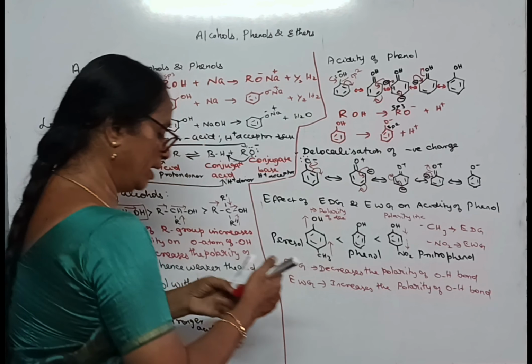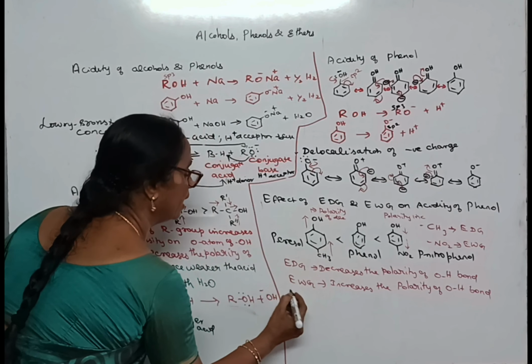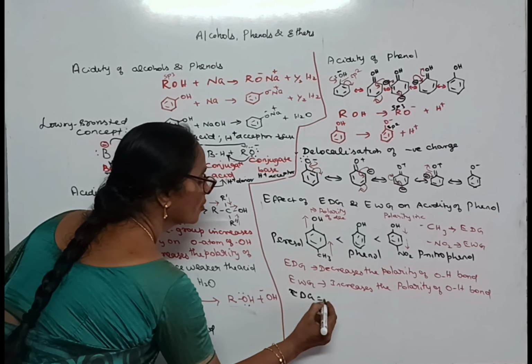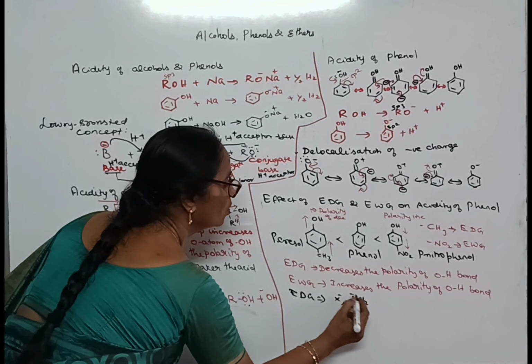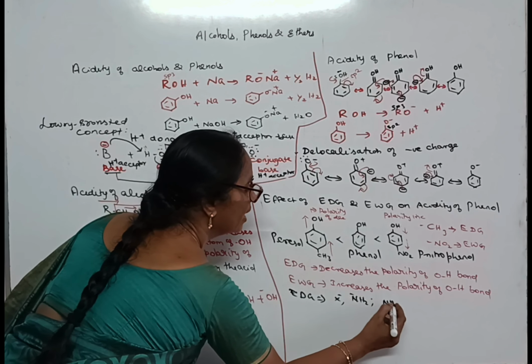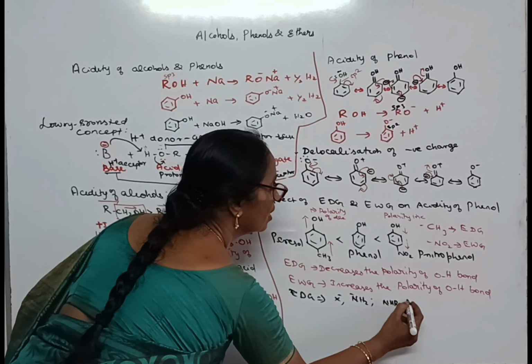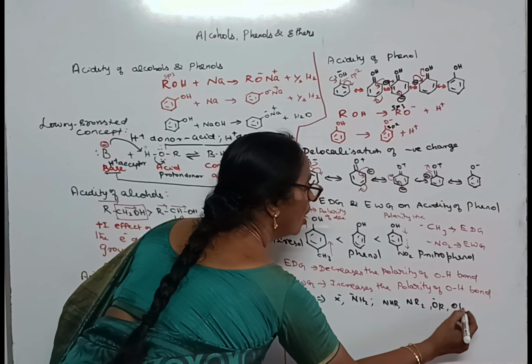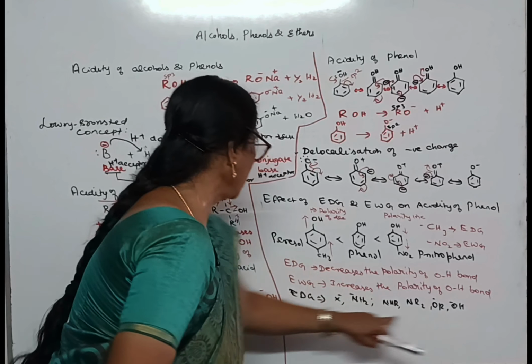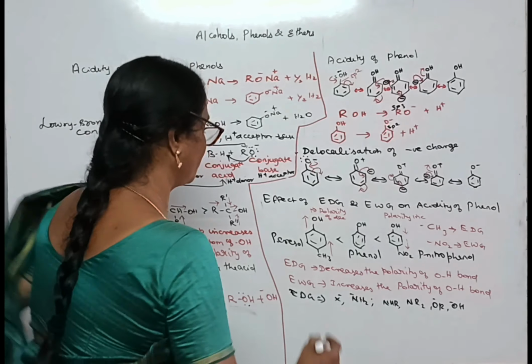The electron donating groups, you can observe, the EDGs are halogen, NH2, NH or NR2, alkoxy, alcohol. These are all electron donating groups.